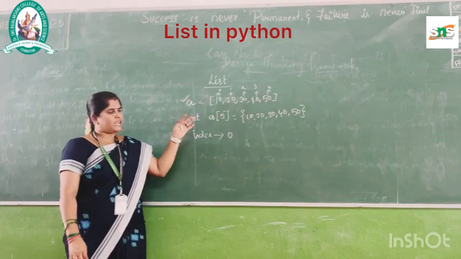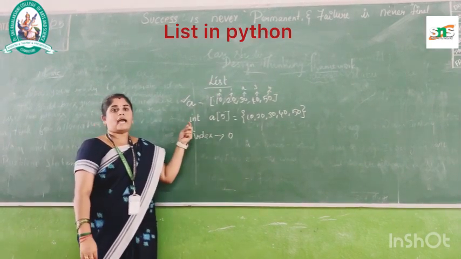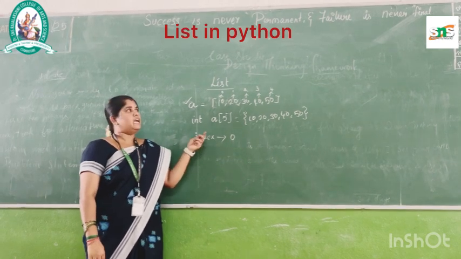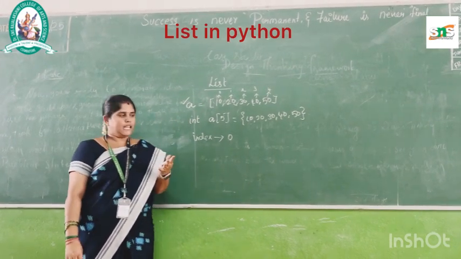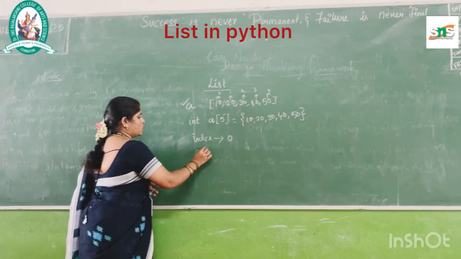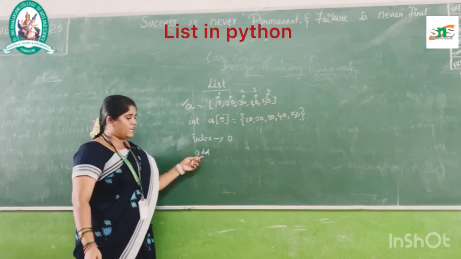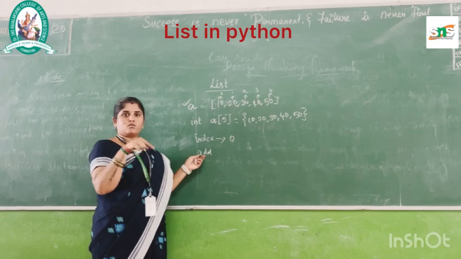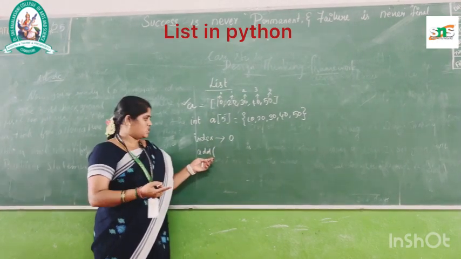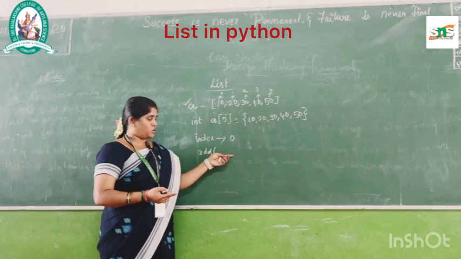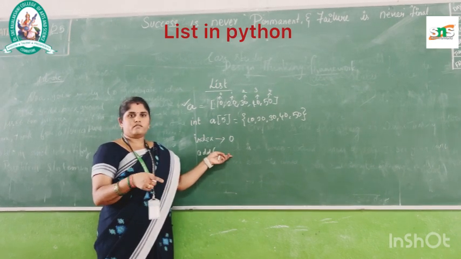Is there any feature to add or remove an element? Yes, it is possible in the list concept. To add an element, we can use a function called add. Here I need to specify where it is going to add, and we need to give the value.